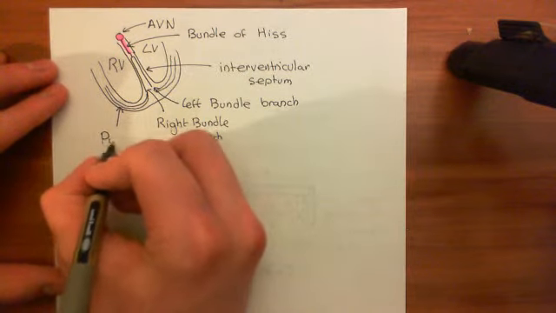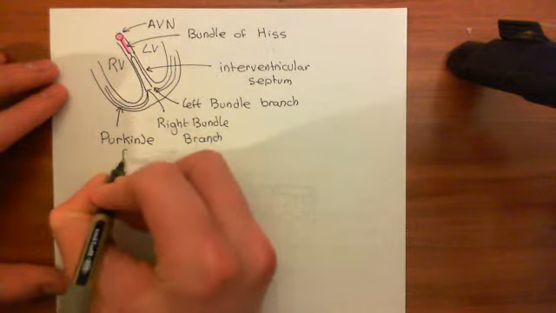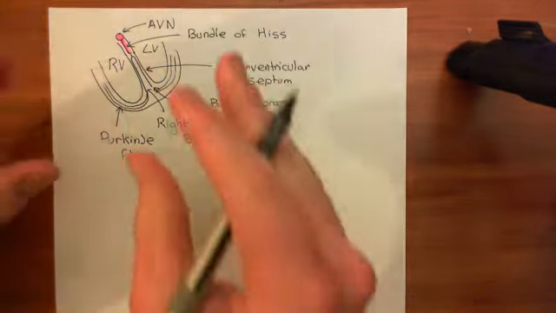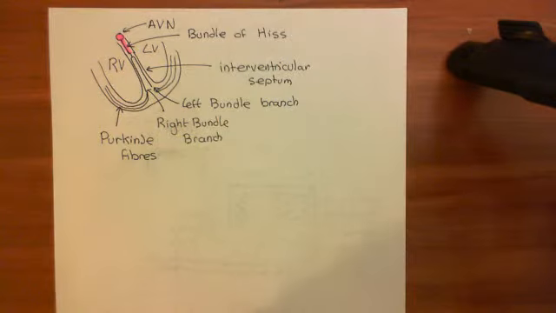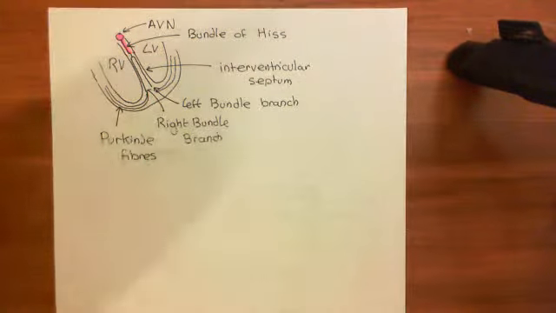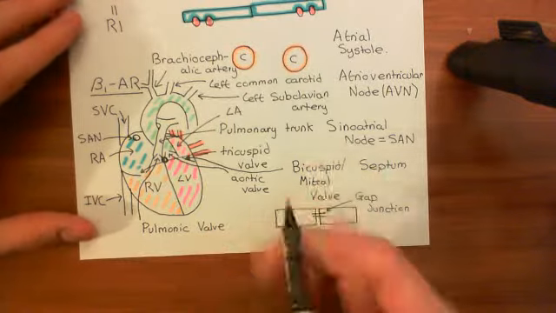These fibers are called the Purkinje fibers. Then the action potential will propagate up the walls of the ventricles, and where the action potential is, you'll get contraction, so you'll get a wave of contraction propagating up, and this will push the blood up the ventricles and out of the blood vessels.